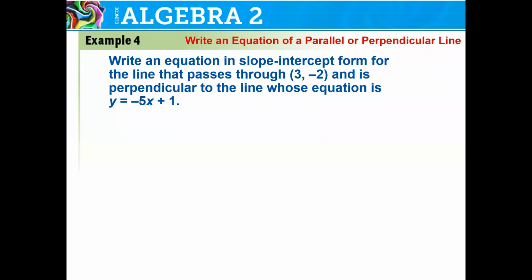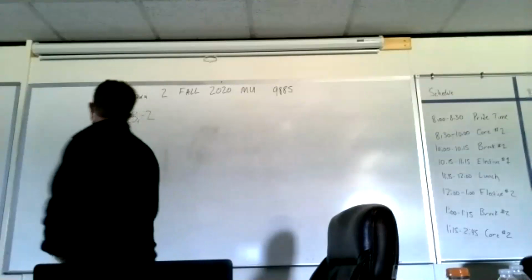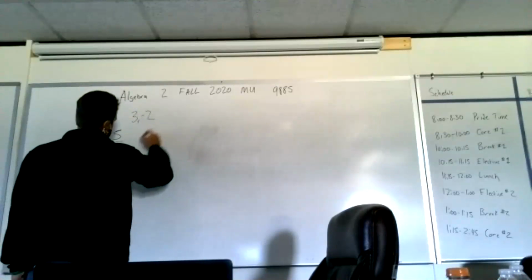First thing, we want to be perpendicular, so we have to find the opposite reciprocal of -5. -5 written as a fraction is -5/1. The opposite reciprocal of -5 is a positive 1/5.